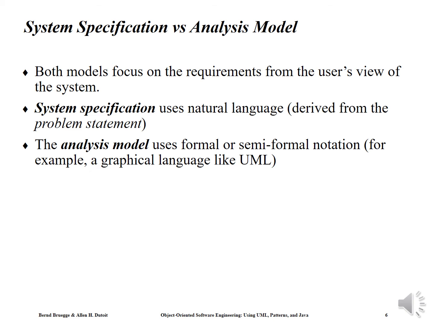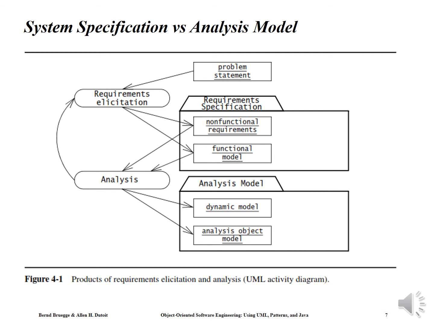As you can see from the figure, the requirement specification supports communication with the client, and the analysis model supports communication among developers. They represent the same information but differ in the language and notation they use.